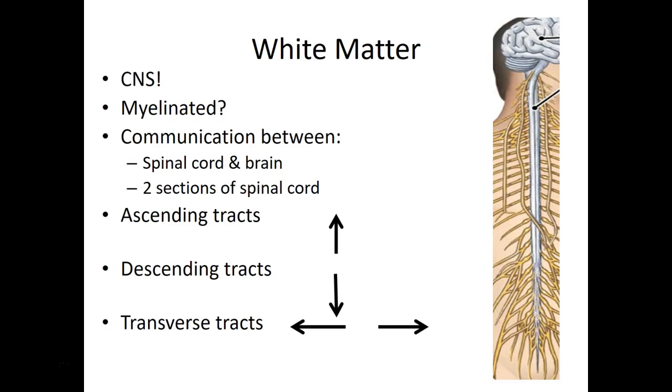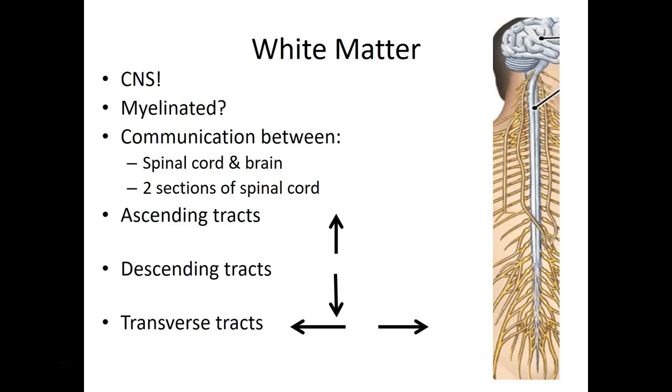And so this is sending information to different parts of the central nervous system, all right? So here are ways to communicate with information from the peripheral nervous system sent along the spinal cord towards the brain for further integration in some cases.